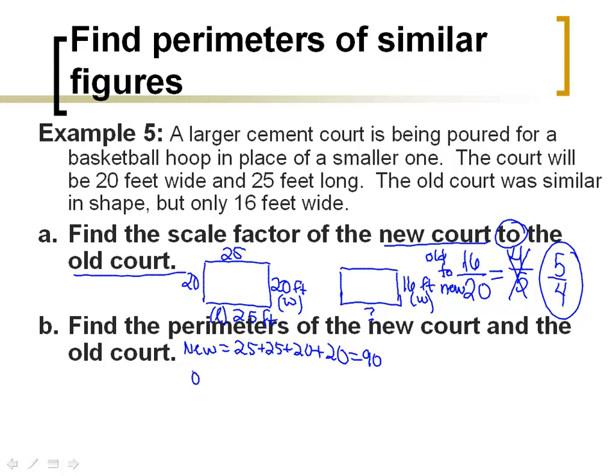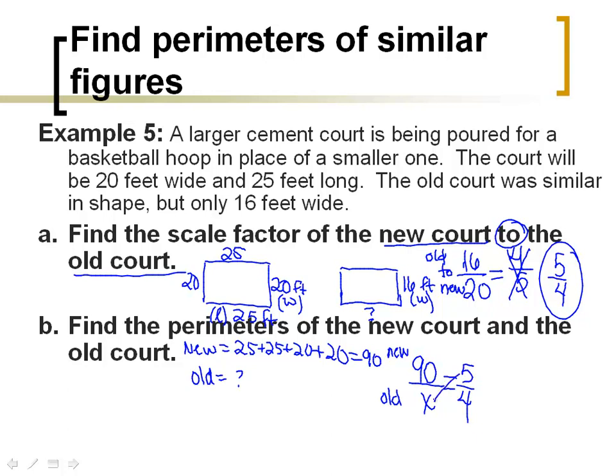For my old court, well, I don't know that last side length, but I can use what I did on the last problem, the last idea here, and I can say that if I make a proportion, 90 is the perimeter of my new court, x is the perimeter of my old court, that's got to equal my scale factor, 5/4. So I just set up a problem here.